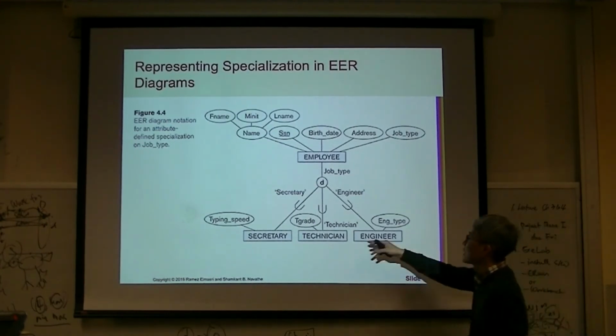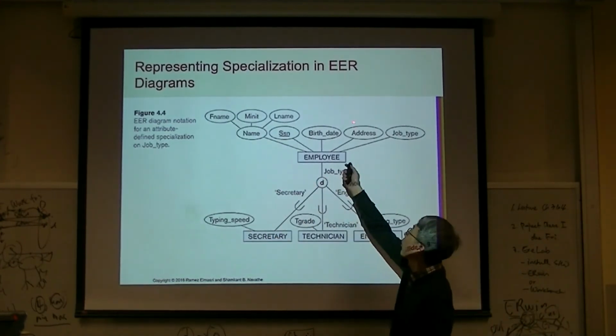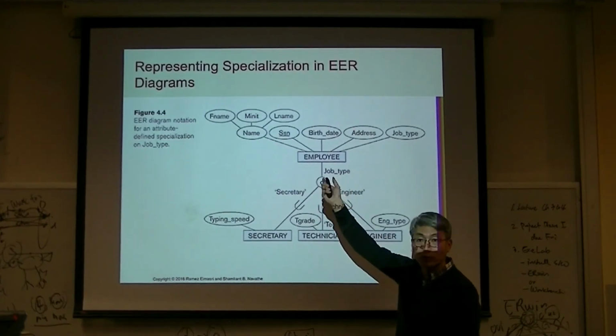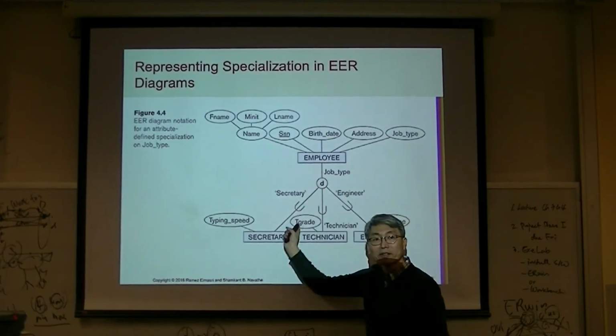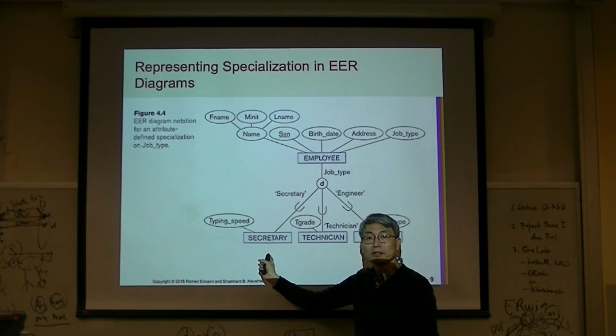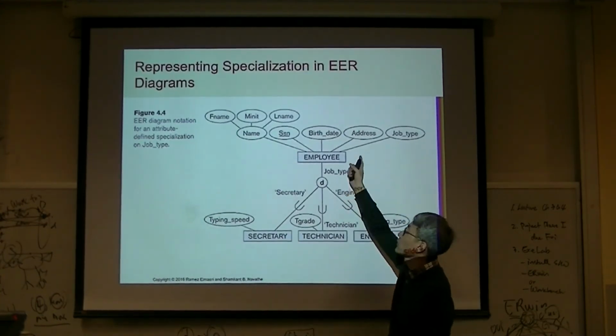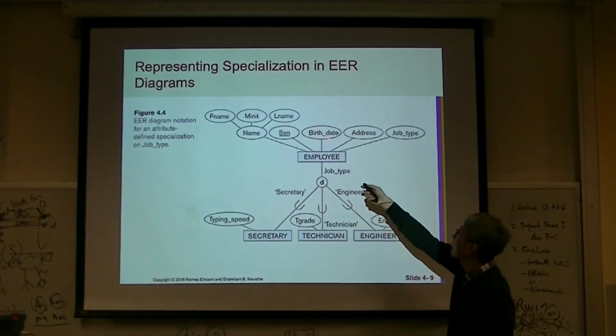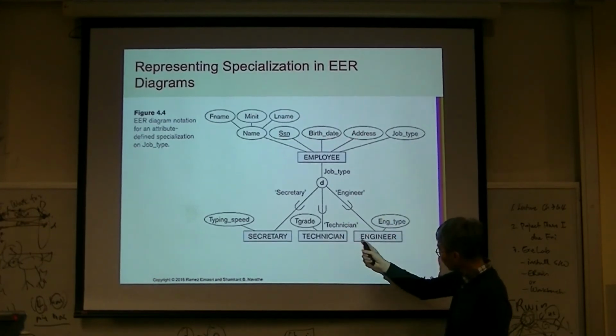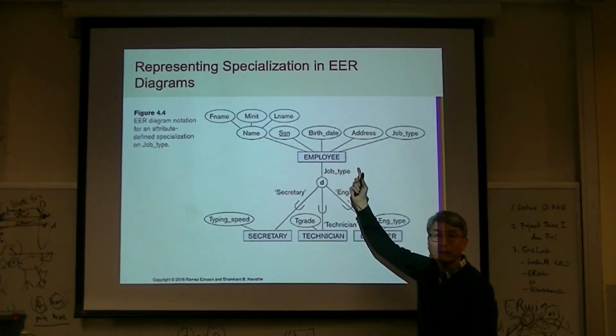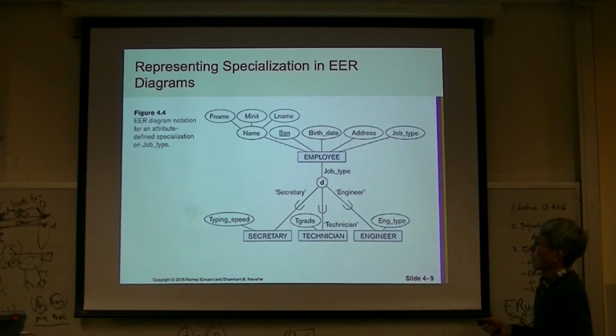Definitely, secretary can have all the attributes of the superclass because it's inherited. The technician also has social security number, birthday, address, and job type. Engineer can also have all the attributes of the superclass.